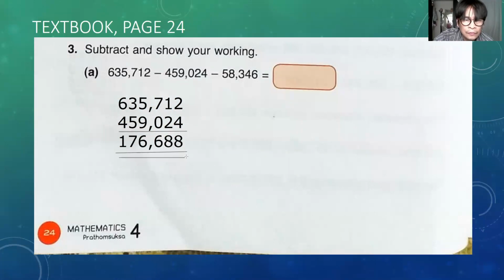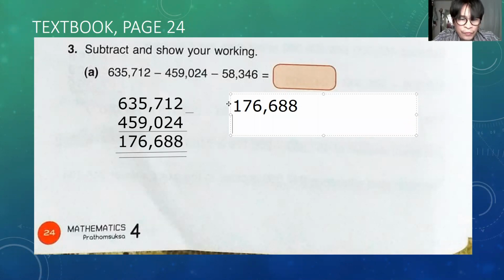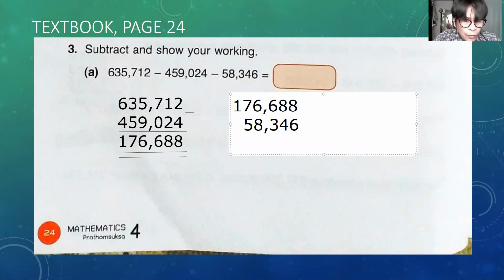Okay, and then copy this. 176,688 minus 58,346. My difference is 342.